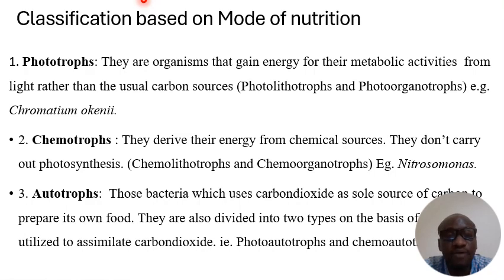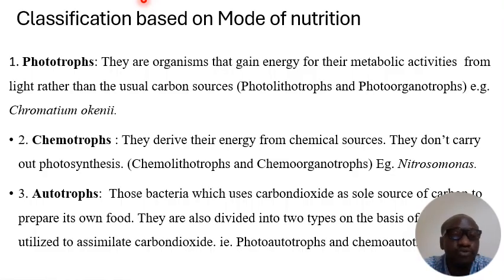Among the types of phototrophs, we have the photolithotrophs, those that use light energy and inorganic compounds as their carbon source. We also have the photoorganotrophs, which use light for energy and organic compounds for their carbon sources. The example is Chromatium.